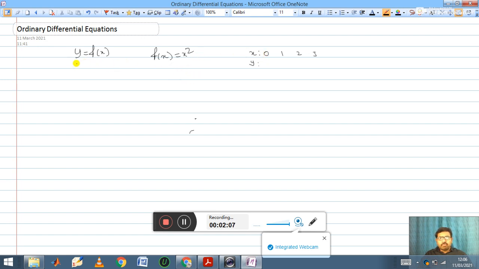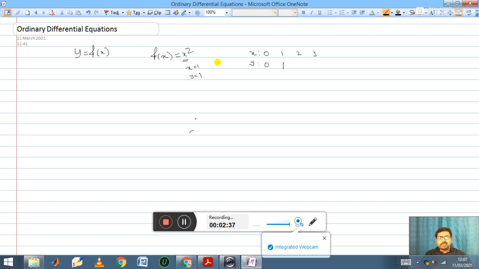Because y is a function of x and our function is x square, 0 square gives 0. So when x is 0, the y value is also 0. Then when x equals 1, the y value is 1 square, that is 1.